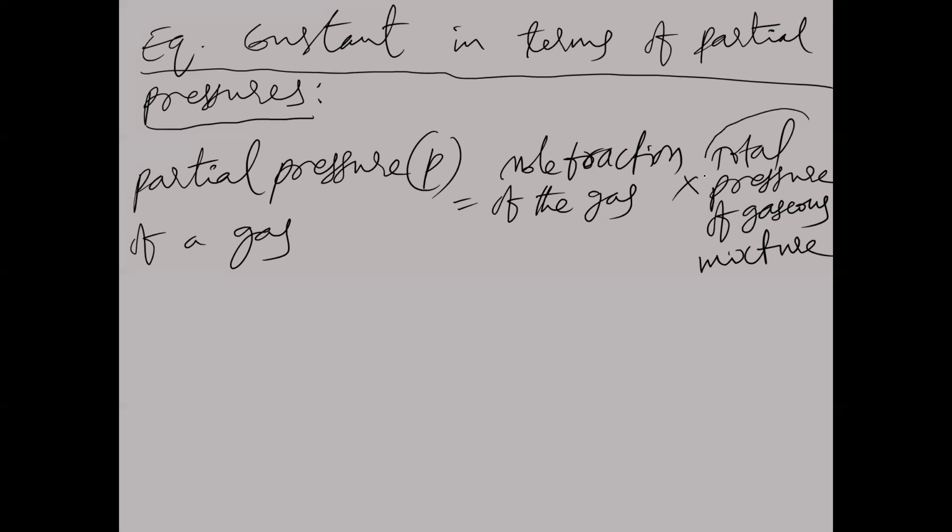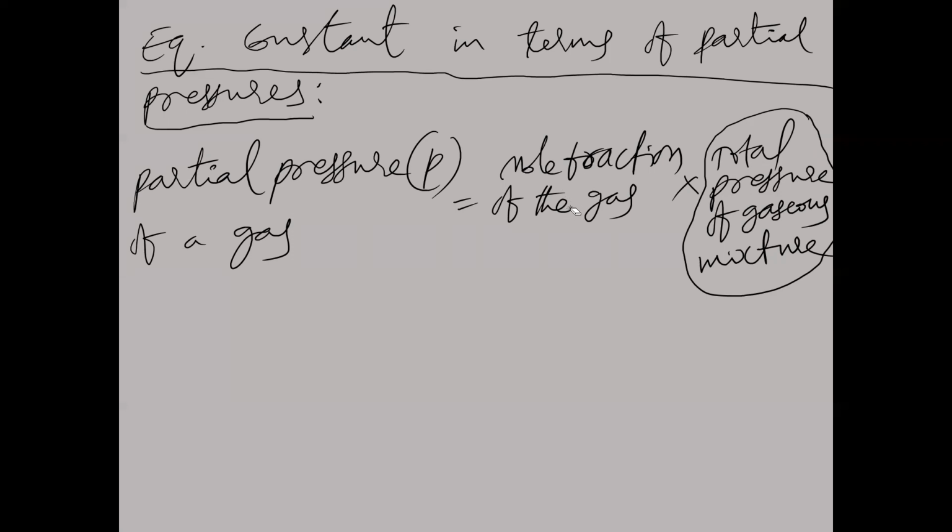Now in the above equation, how many gases are there in the reaction vessel? 3 gases. In the equilibrium vessel, nitrogen gas is left over at equilibrium, hydrogen gas is left over at equilibrium, and ammonia gas is newly formed at equilibrium. So the mixture of 3 gases we have taken. Total pressure of the mixture of 3 gases. So the total pressure of the gaseous mixture should be taken.